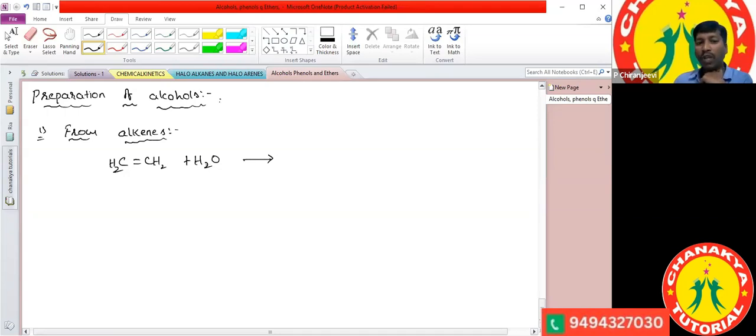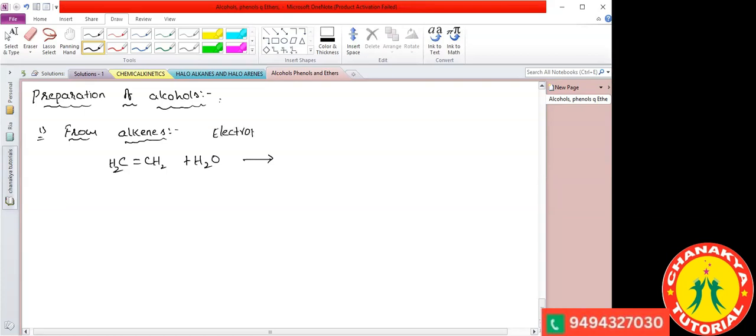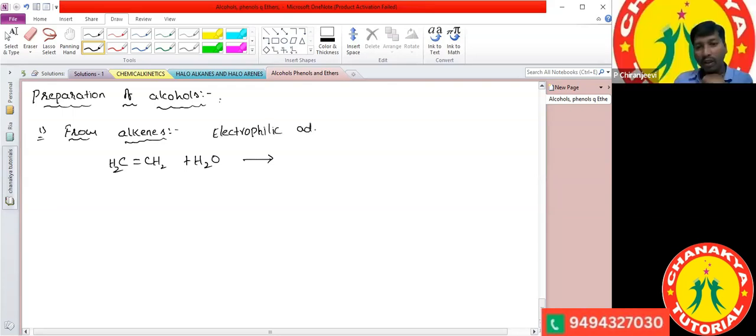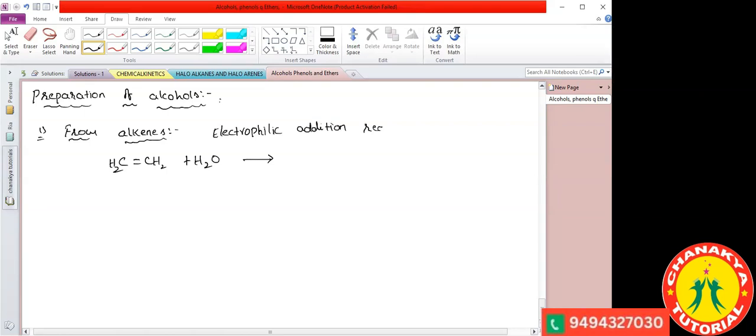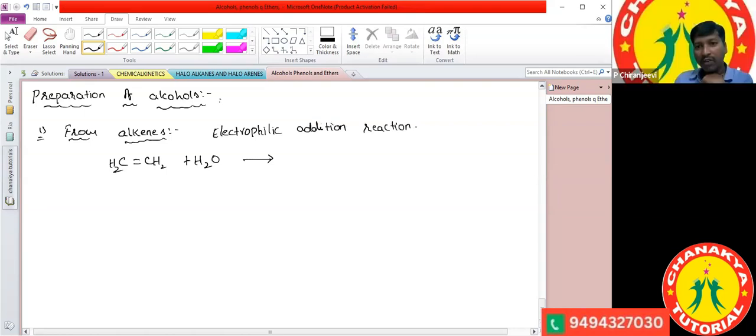The addition of a water molecule to the alkene is an example of an electrophilic addition reaction.